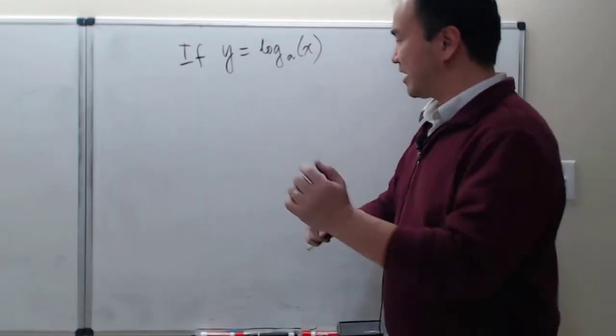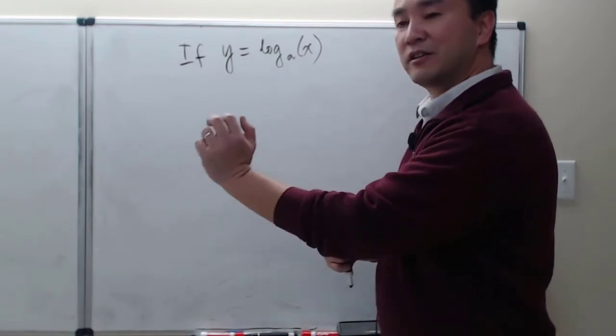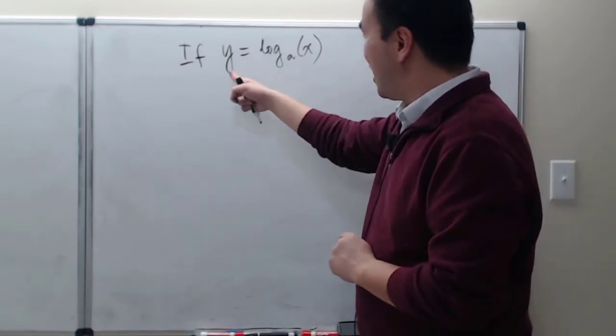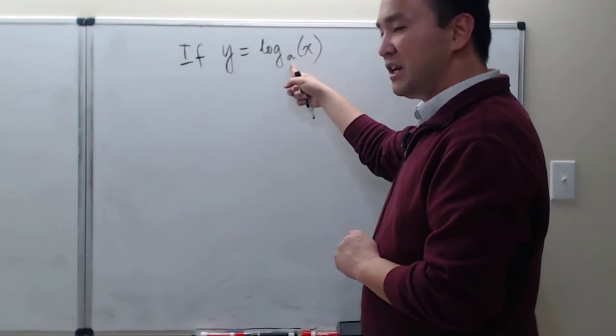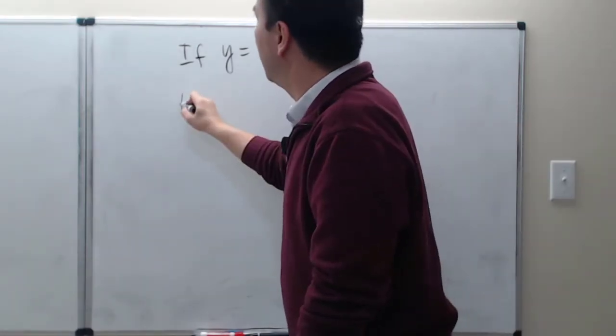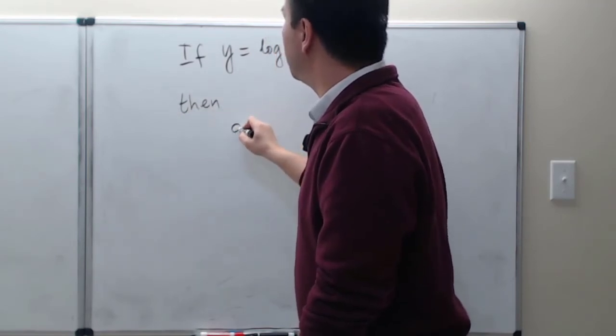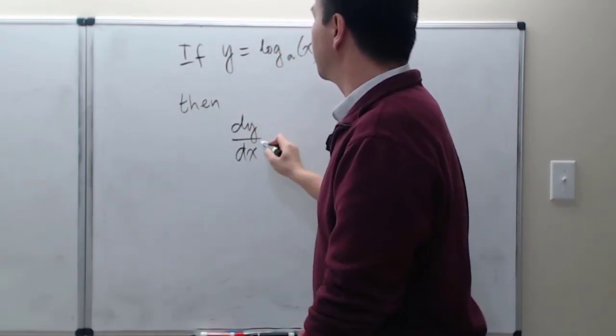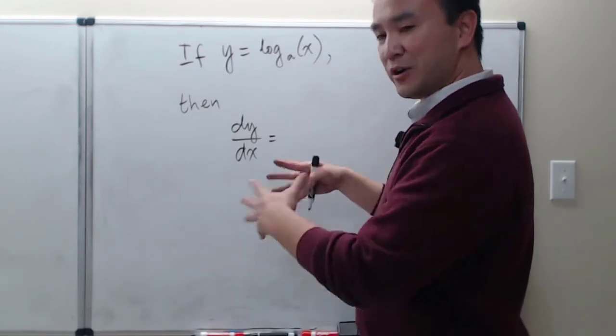But for now, I just want to tackle the general logarithm derivative. So if y equals log base a of x, then the derivative dy dx equals what we have found here, let's put it all together.